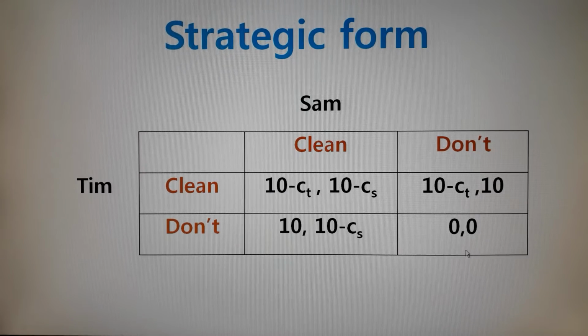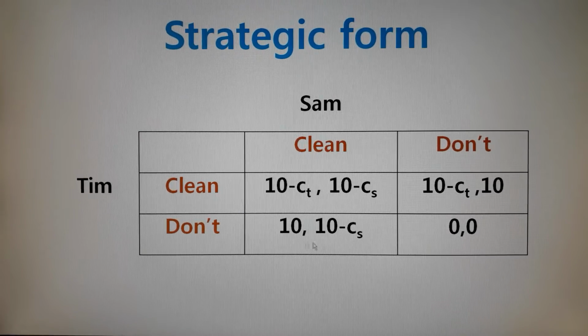So he does not think 0 is guaranteed if he cleans. When Sam is the high cleaning cost type, 15, that's going to be -5, whatever happens after that. So Sam is not going to clean it when it's high cost.